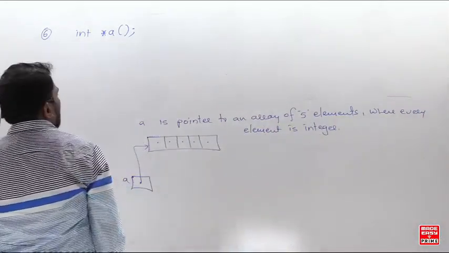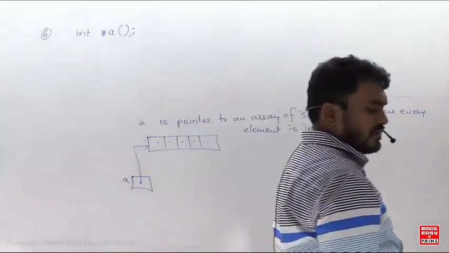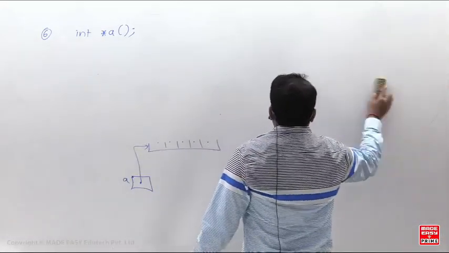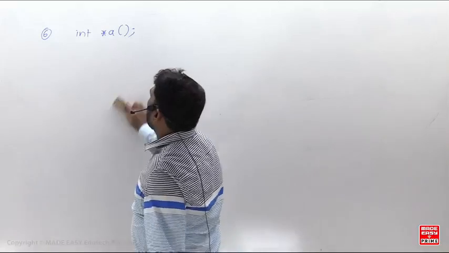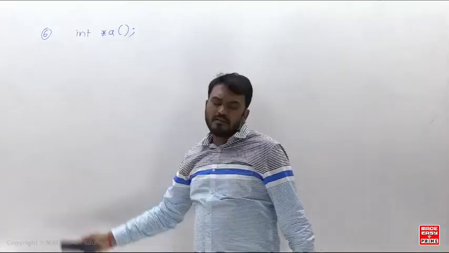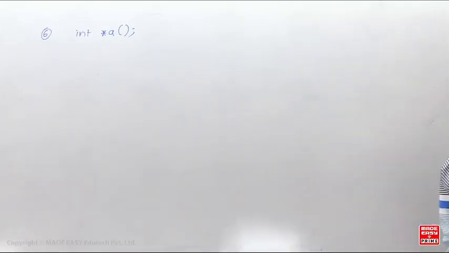Now tell me what this is called. Check the numbering, 5 is done, 6 is done. What is this number? Tell me what do you read this? Number 6. Integer star A function. What will you read? Come on, come on. There is a Telugu song, the latest movie. Come on, come on, Kalavati something.